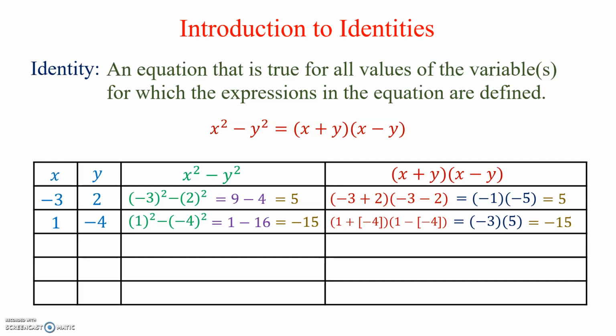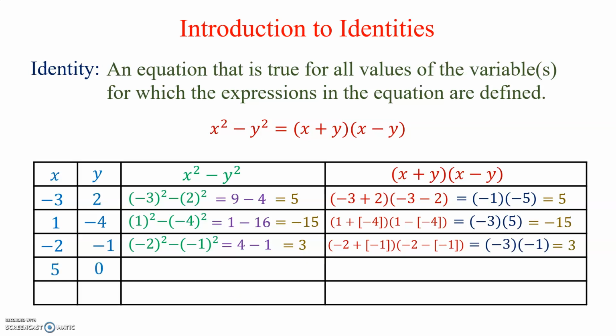Again, evidence showing that this equation is looking to be an identity. A couple more times. -2 and -1. When we square both of these values, we get 4 minus 1, which gives us 3. On the right side, the sum of -2 and -1 is -3, and the difference of -2 and -1 is -1. When we multiply, we get 3.